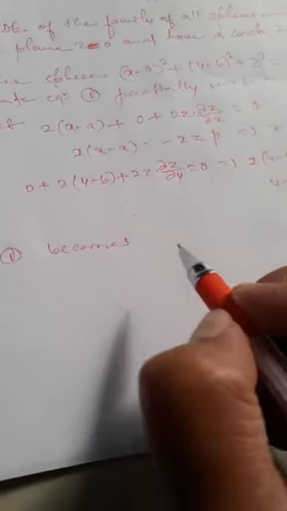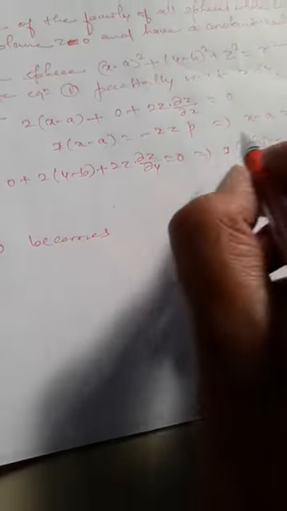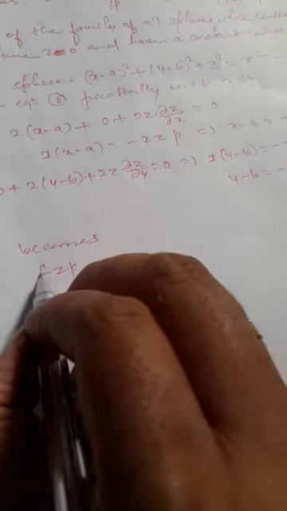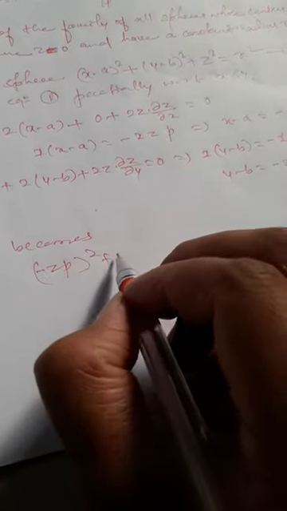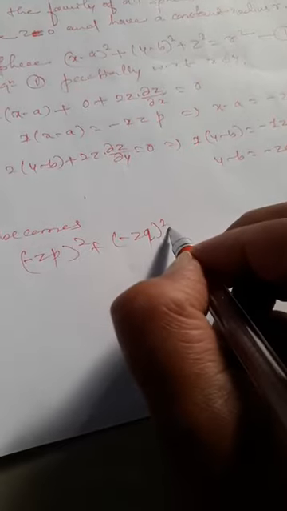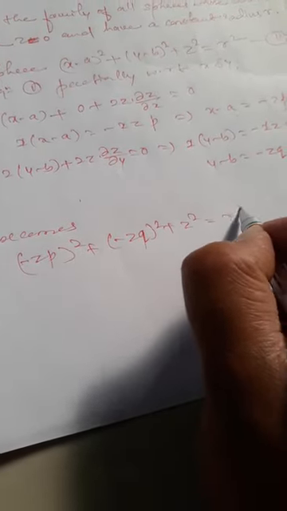Now equation number 1 becomes, since x minus a is minus zp, minus zp whole square, y minus b is minus zq whole square, plus z square equal to r square.